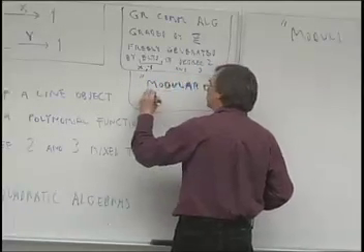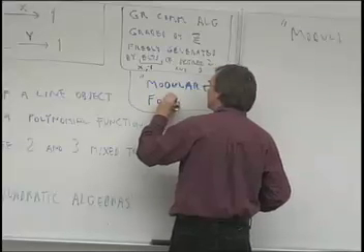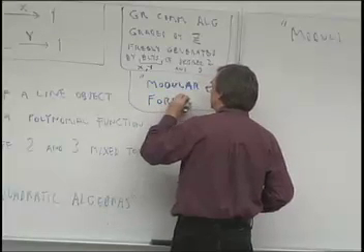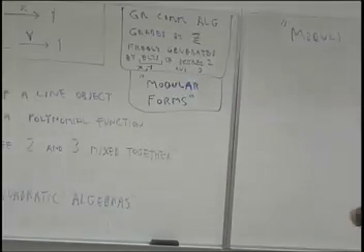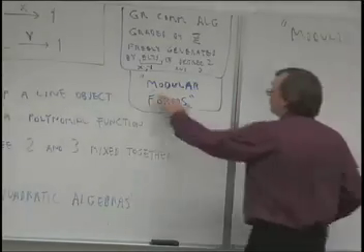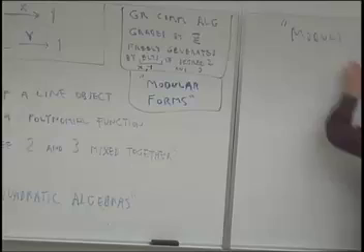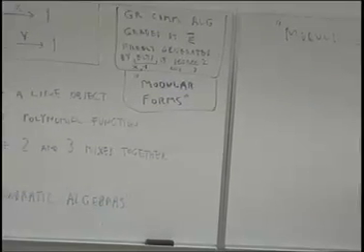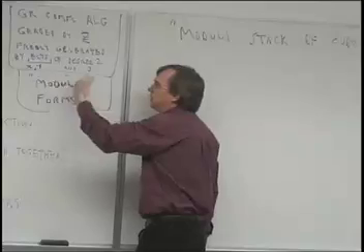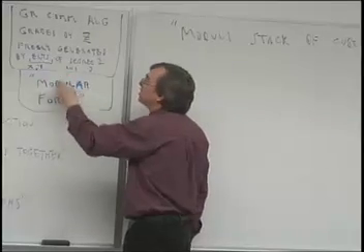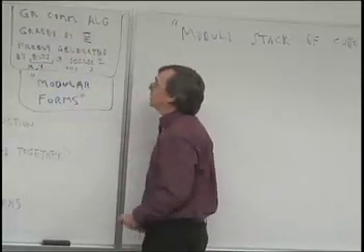And there's probably a whole bunch of words in mathematics that start out with the letters M-O-D-U-L, and they're probably not all related to each other. But in this case, modular forms and moduli stack definitely have a lot to do with each other. How did this graded commutative algebra get its name?